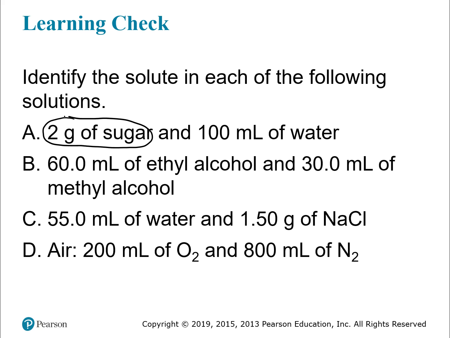For B, we've got 60 milliliters of ethyl alcohol and 30 milliliters of methyl alcohol. Which one is the solute? Yeah, the methyl alcohol.